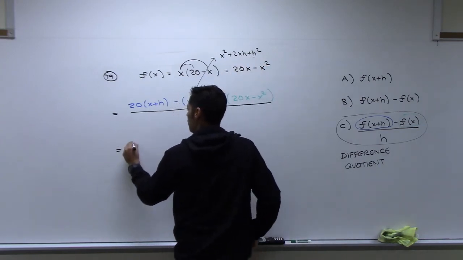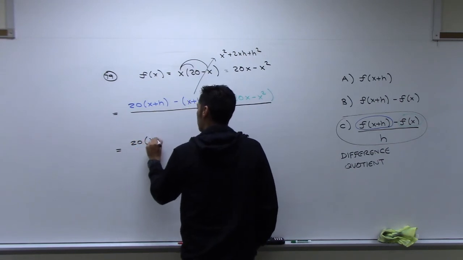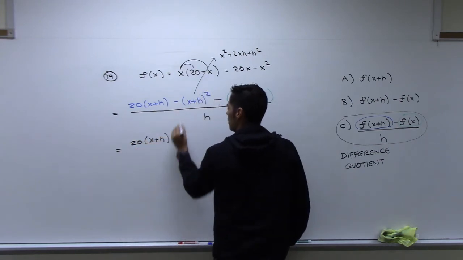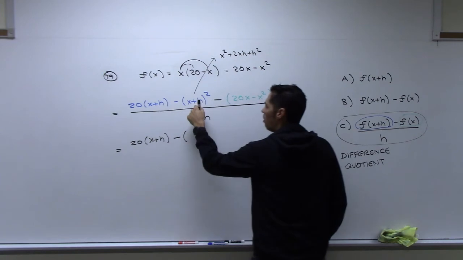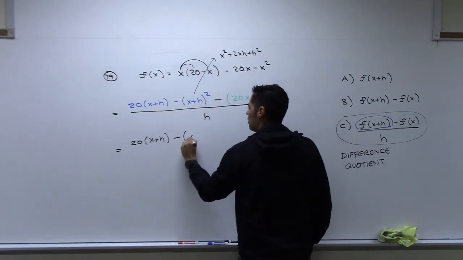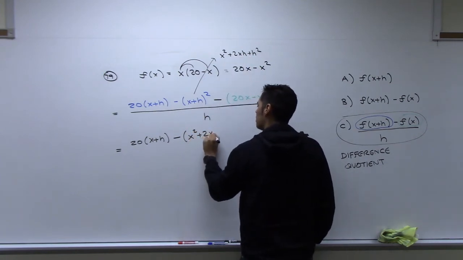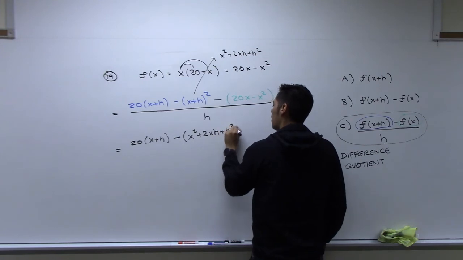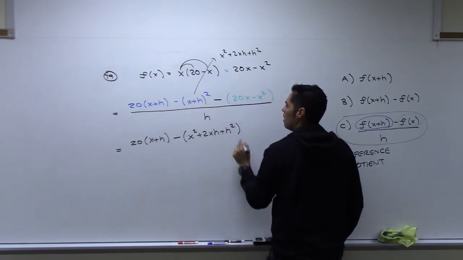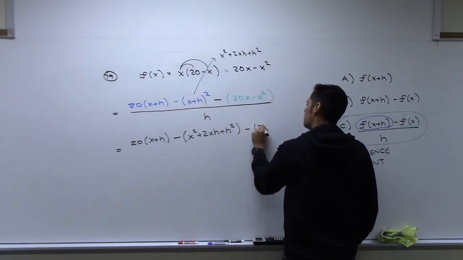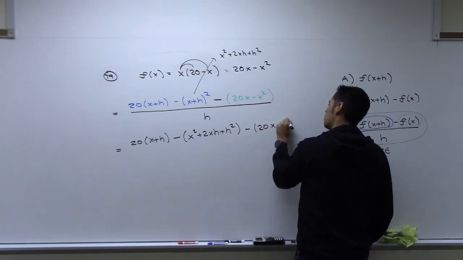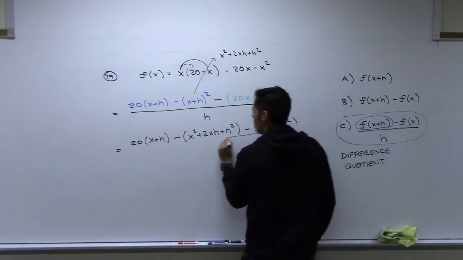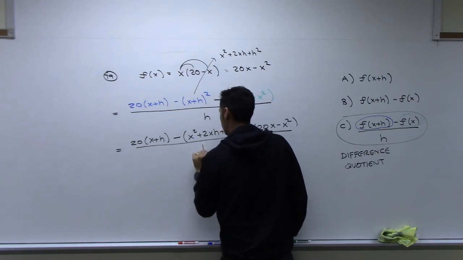Let me go ahead and show you. I'll leave the 20. I'm not going to pass it through yet. I'm just going to show you that this minus, I need all of this stuff in parentheses. X squared plus 2xh plus h squared. Okay, so that's that. And then I have minus parentheses 20x minus x squared. Then all of this over h.